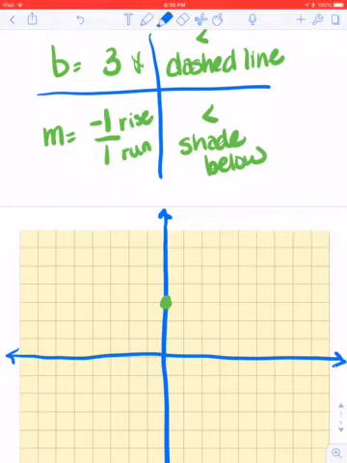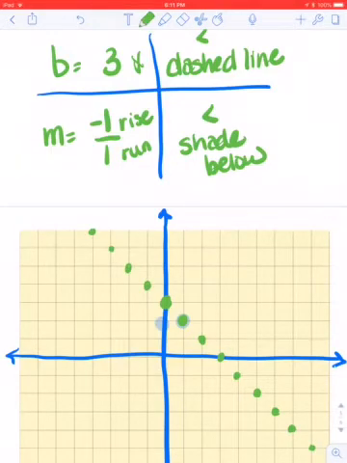Now, if my slope is negative 1 over 1, it means I'm going to go down 1 and over 1. And that's going to give me my next point. Now, I can keep going down 1 over 1 all the way across if I want. And I could move backwards by going up 1 and back 1 and kind of continue the pattern up there.